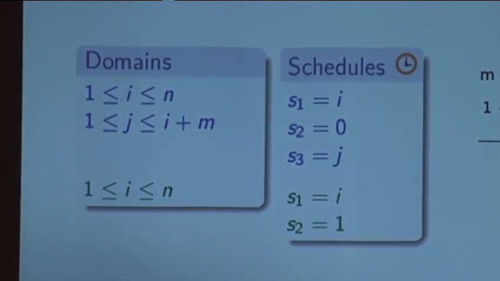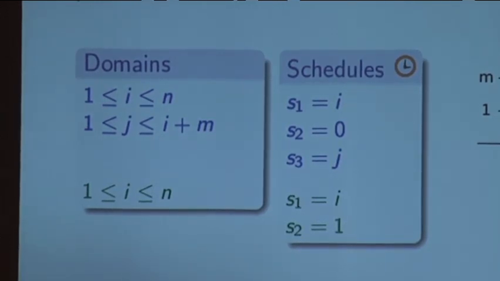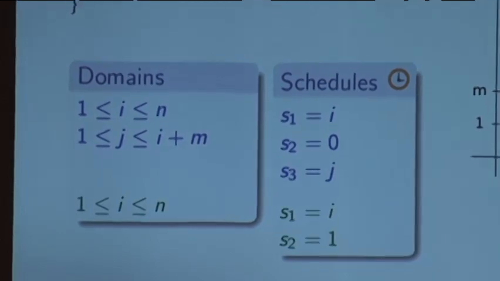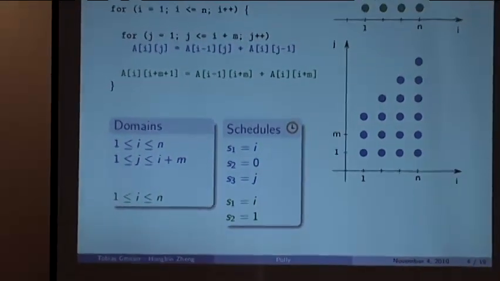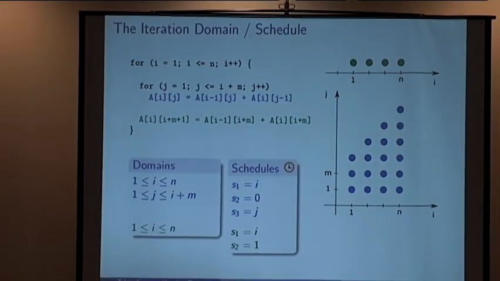You can think about this multi-dimensional time or clock just like, for example, in this case, we have 3 dimensions, with one dimension being the year of the execution, the next dimension being the day of the execution, and the innermost dimension being the hour of the execution. As long as you can express this with affine conditions or equalities, you can map those iterations freely in time. And this is actually how you optimize in the polyhedral model.